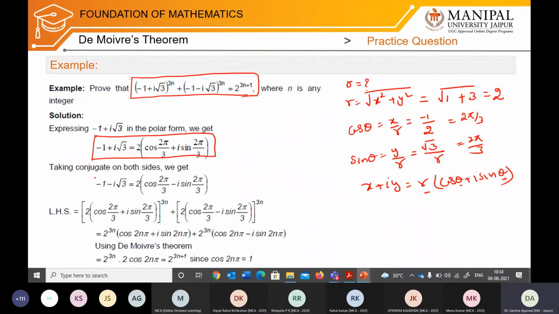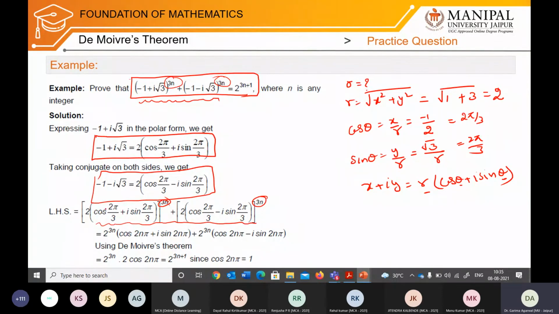Similarly, the second term can be written in the polar form, right? So the left hand side of the given equation can be written in the polar form in that manner by using this power as well. Now by De Moivre's theorem, this power will come in the angle of sine and cos theta.